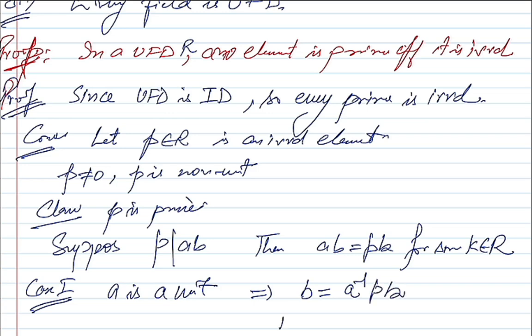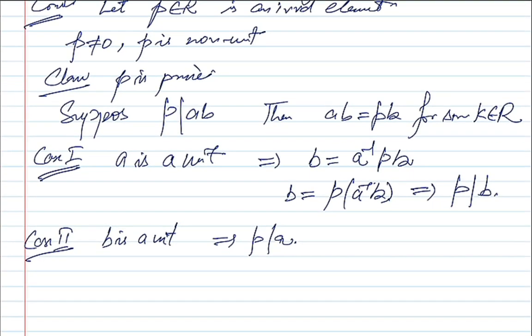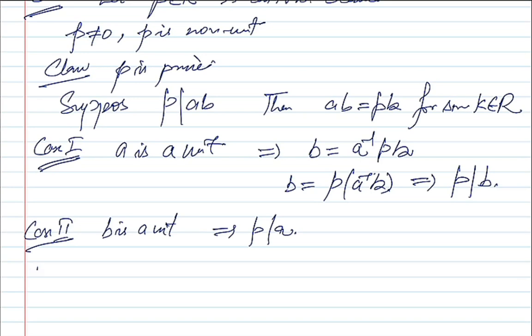Okay, that is, B is P times A inverse K, which implies P divides B. Or case 2, similarly, B is a unit, then P divides A. So in these two cases, P will divide one of them. Now come to case 3.